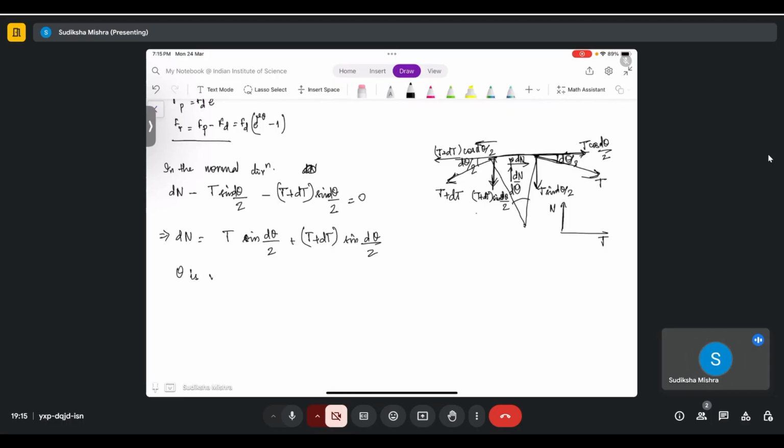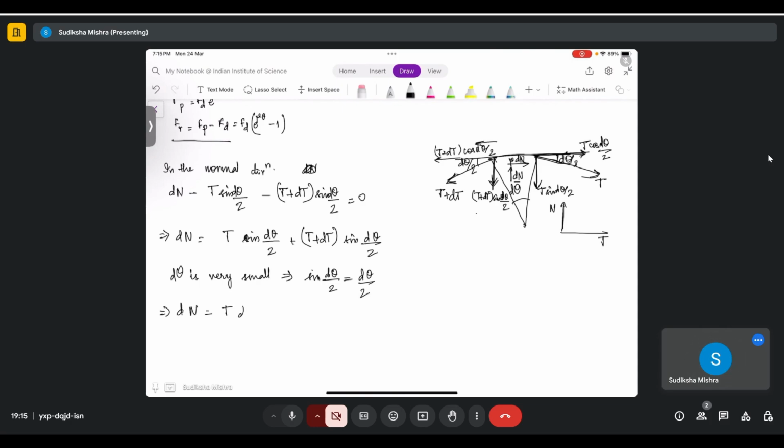For very small angles, if d theta is very small, sine d theta by 2 is equal to d theta by 2.